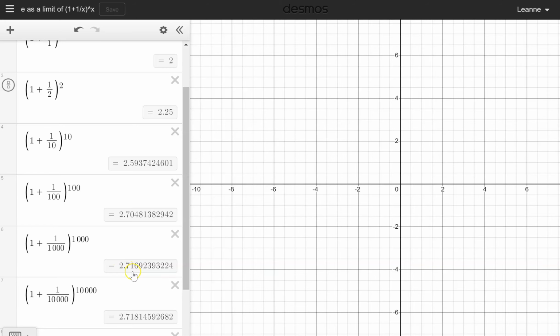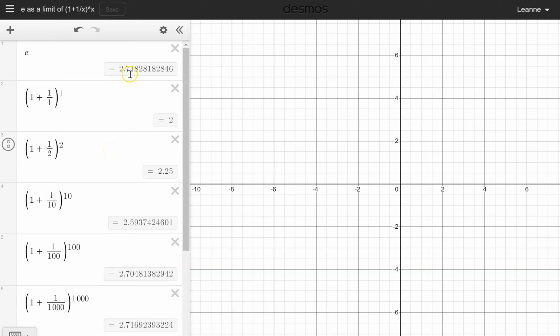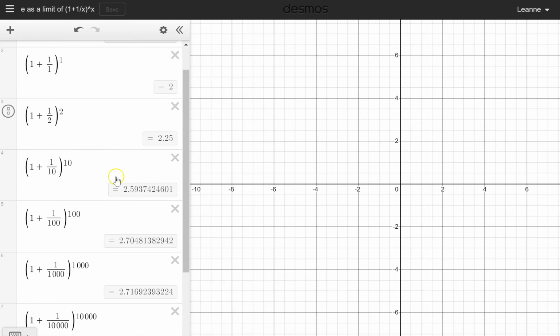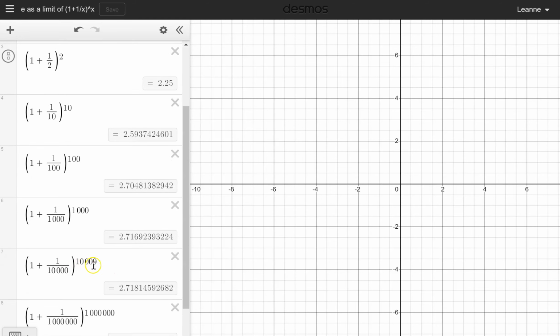So now the number is getting closer to the true value of e, which I have up here, 2.71828182846. Of course, there's more decimals beyond that, but this is as far as Desmos can get us, which is even farther than some of our calculators.